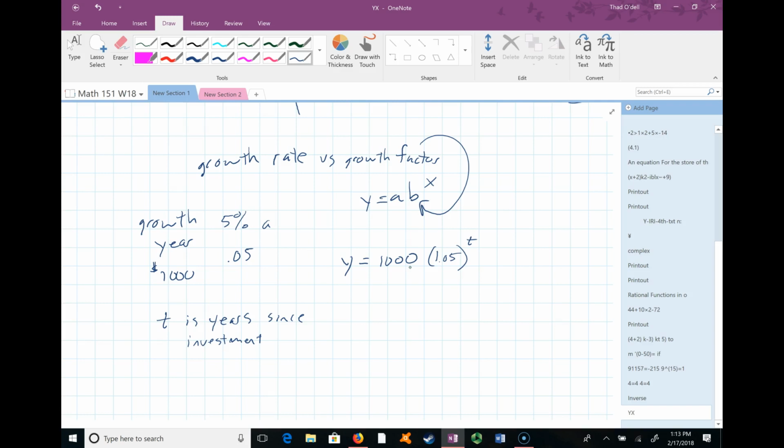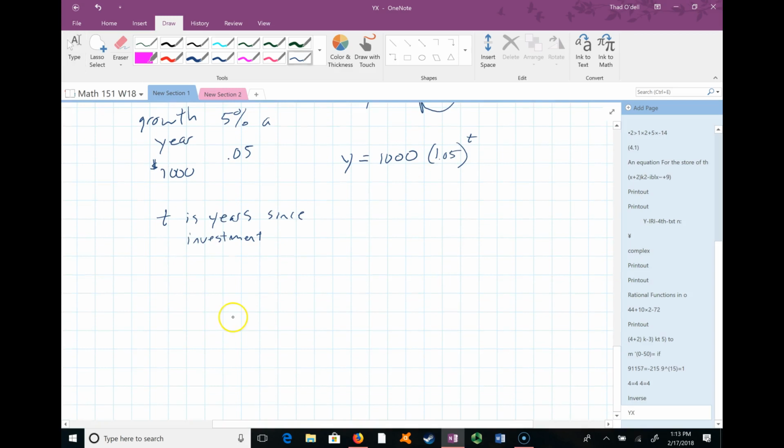Likewise, if I was comparing decay rate to decay factor, you would subtract it from 1. So essentially, if the decay rate is say 3%, that means the decay factor, the thing you actually put in the equation, would be 0.97 because that comes from 1 minus 0.03.